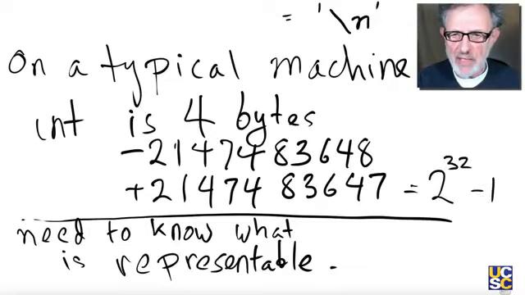And that shows you 4 bytes can be used to store 32 binary digits. One of the digits is going to be used for the sign, so that leaves 31 digits for everything else.